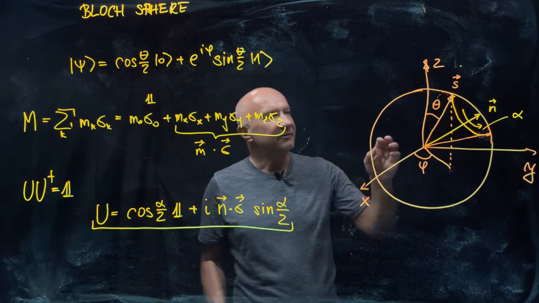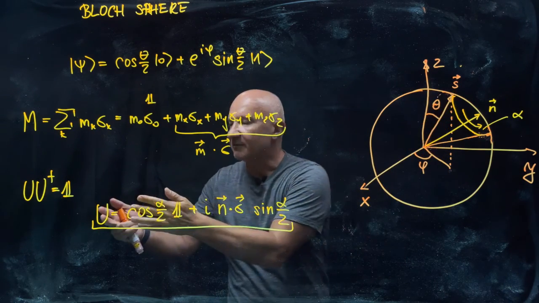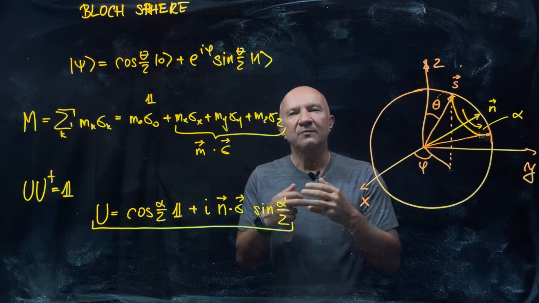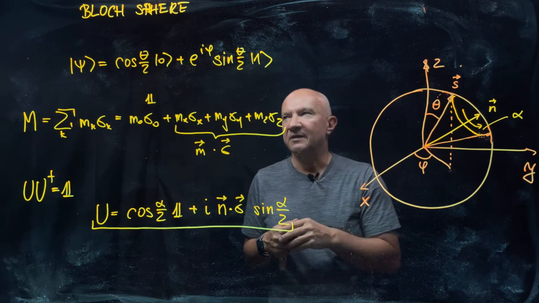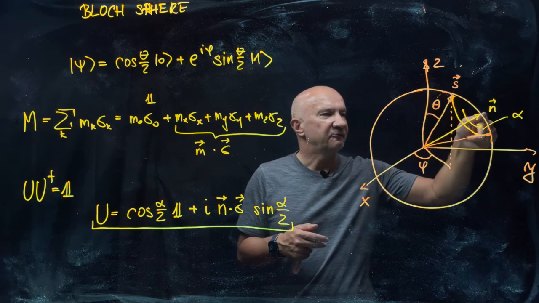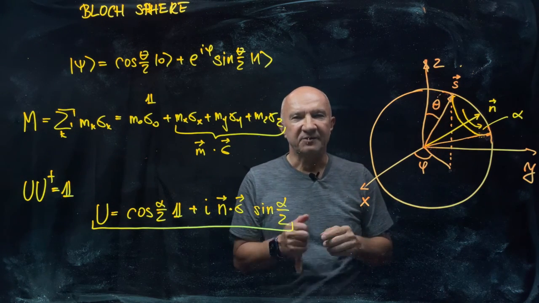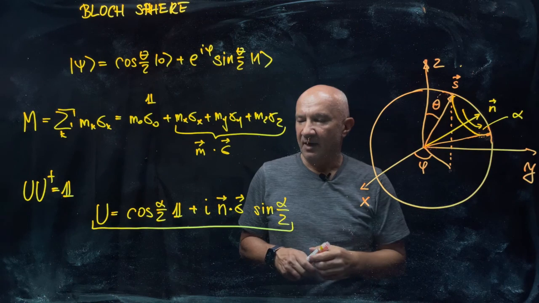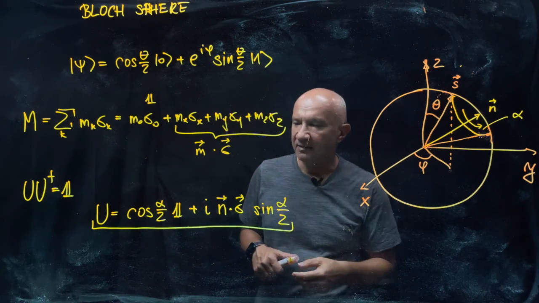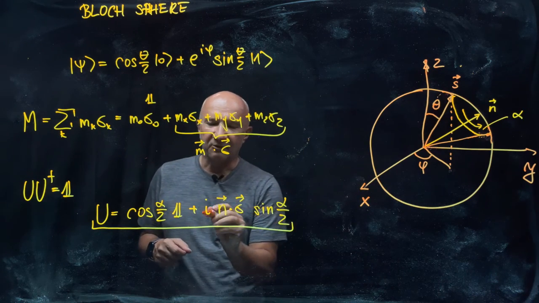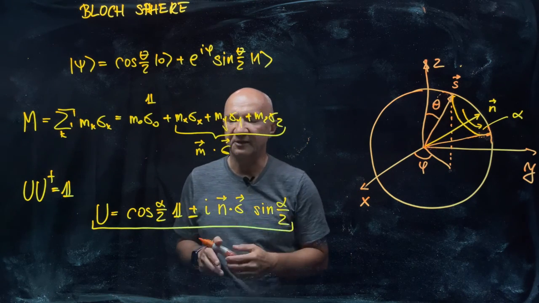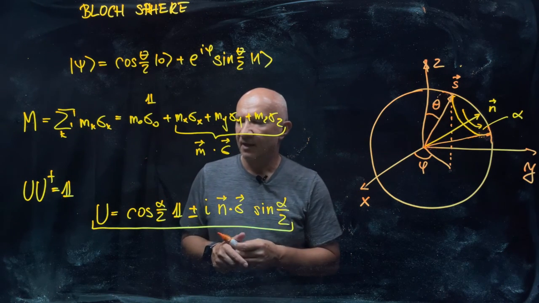In particular, if you act with this unitary operator on the state vector psi, then one way to think about the result of this evolution is to think about the Bloch vector being rotated by angle alpha about the axis that is specified by the unit vector n. And in fact, this rotation is either clockwise or anti-clockwise. Actually, anti-clockwise corresponds to the minus sign here, and that's the usual convention.